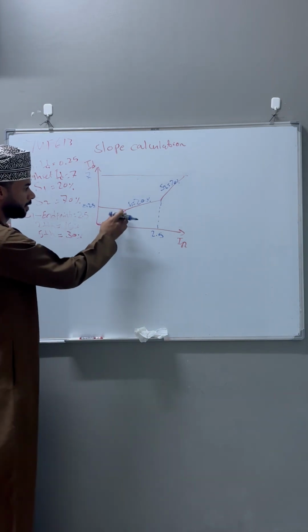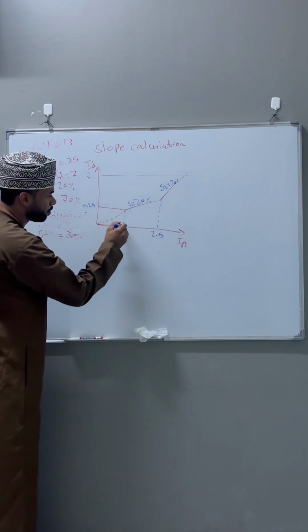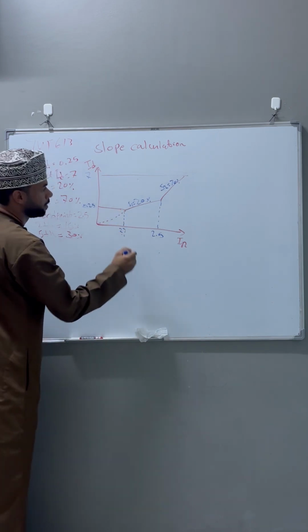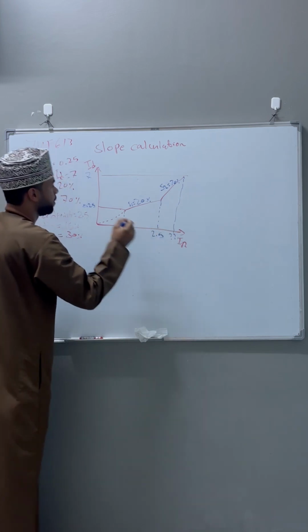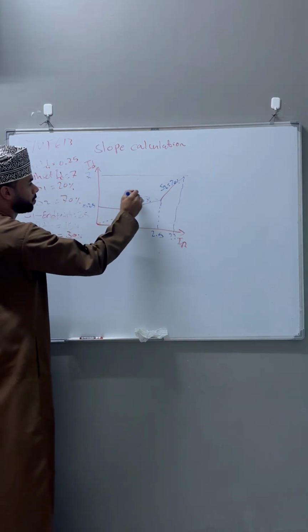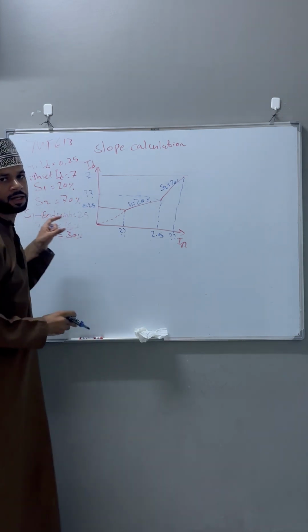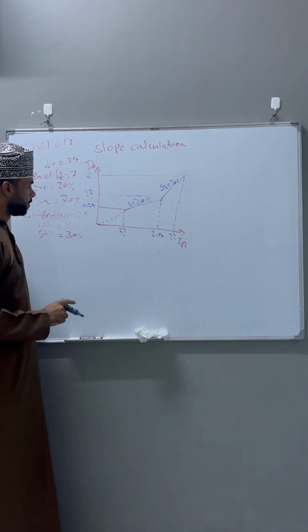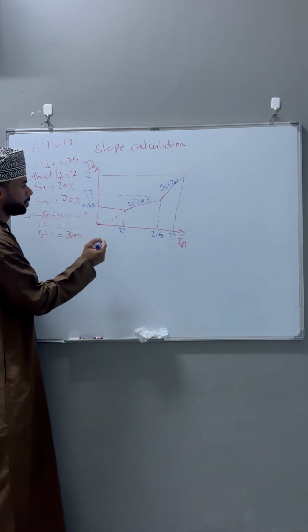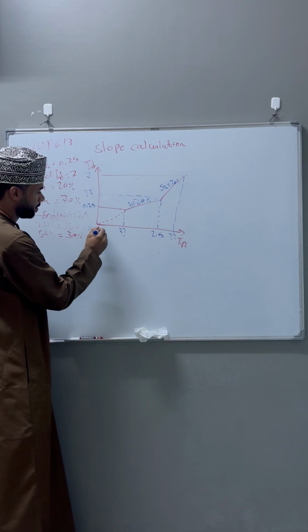Okay, so now I need to calculate the unknown points. Some points here I need to calculate. First I need to calculate this point here, this one. Also I need to calculate this point, and also this point. So 3 points here I need to calculate to draw the slope. Okay, so as you know, each point we need is x and y.